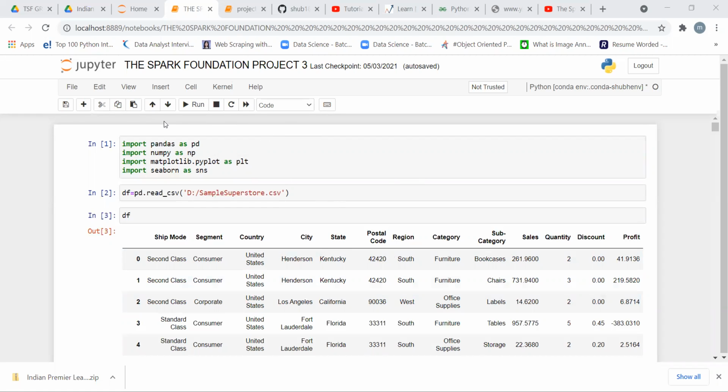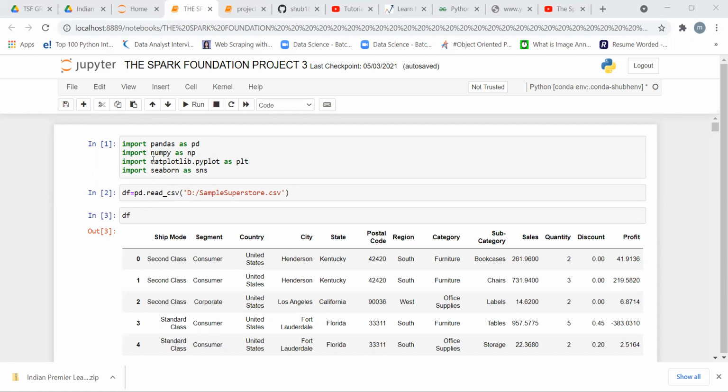We start project number 3, and here we import some libraries, such as the pandas library. Pandas is used for data analysis and data manipulation.